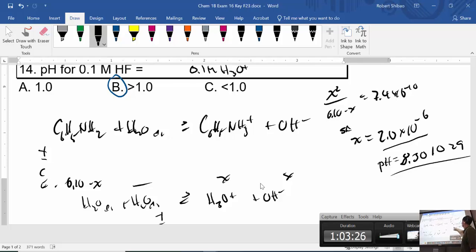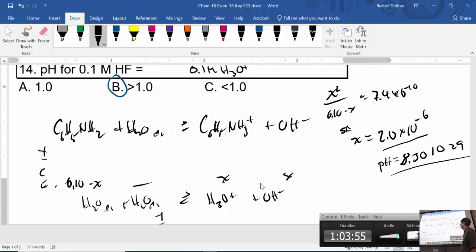I didn't justify it here, but you need to justify it on your test. This is just a quick check of the multiple choice. Since it's multiple choice, I'm not grading you on work here. And so the pH came out to 8.3. One time we have to worry about Kw is when the pH is close to 7.